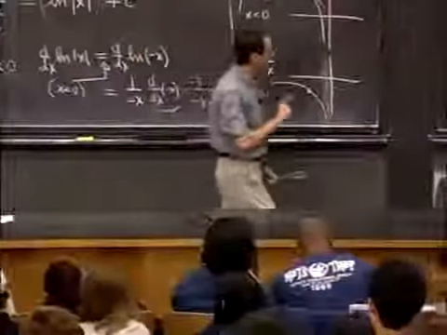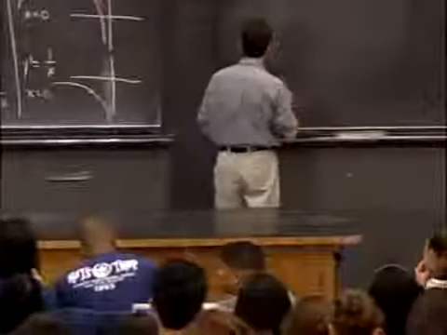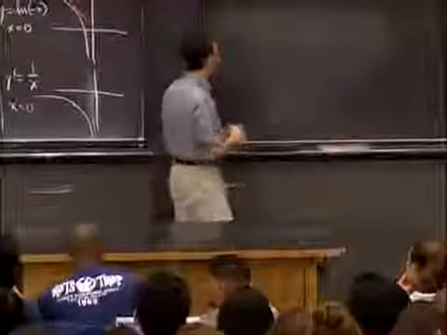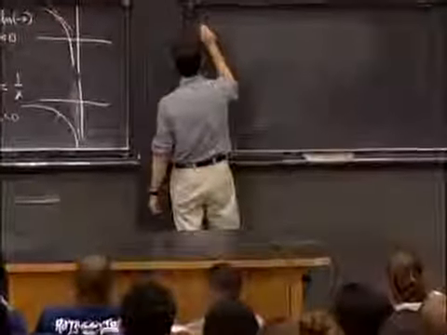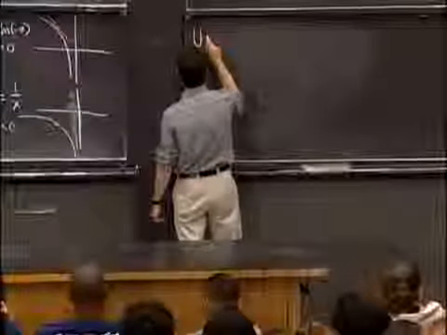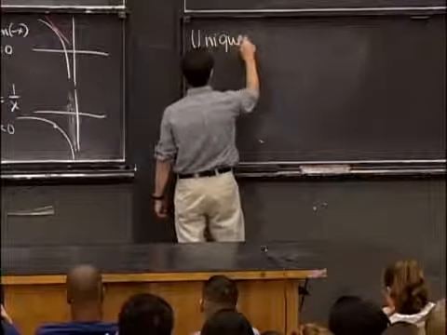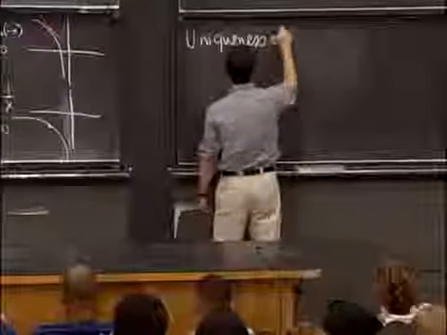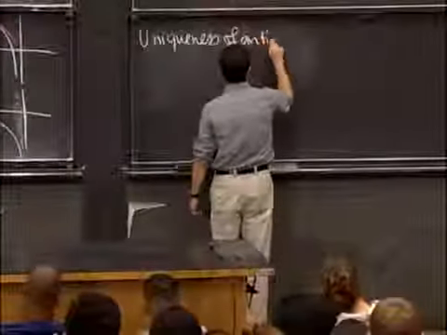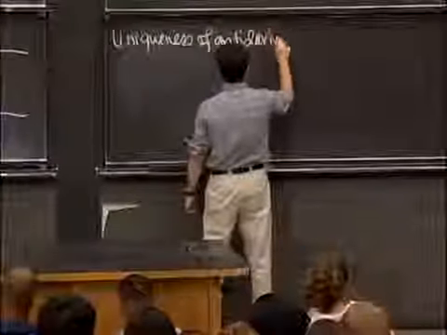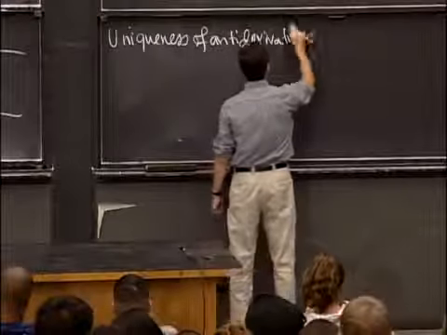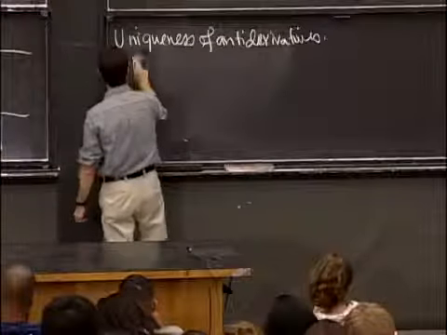But it's very important to realize that this is the only ambiguity that there is. So the last thing that I want to tell you about is uniqueness of antiderivatives up to a constant.